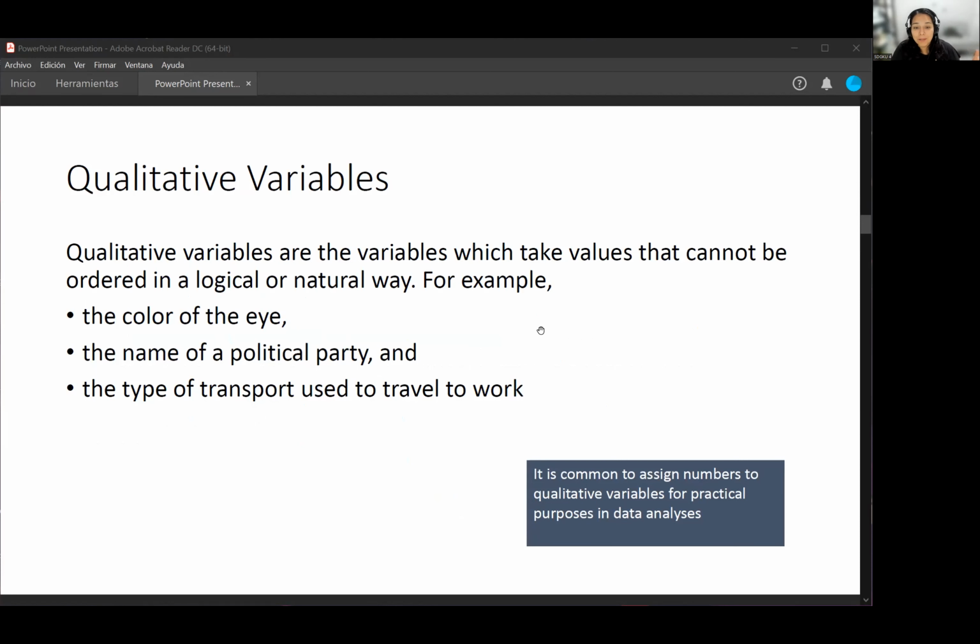The qualitative variables describe some characteristics or features of the sample or of the observations, like the color of the eyes, and we provide linguistic options for each one of them. Color of the eye, name of a political party, and the transport used to travel to work. These are the qualitative variables.